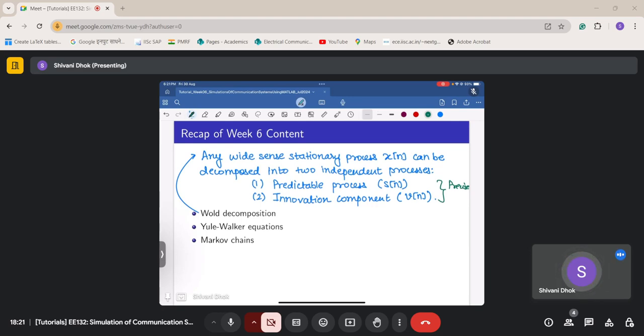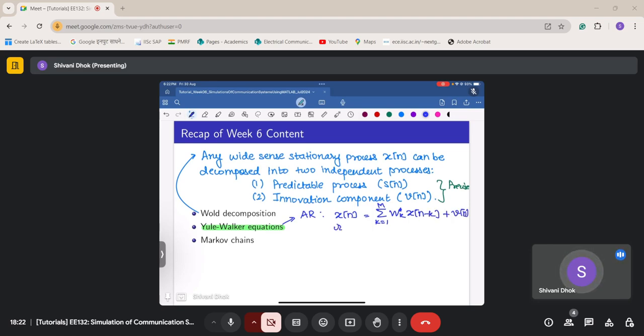After that, we looked at something interesting, that is the Yule-Walker equations. These equations basically are for your autoregressive model. Let's say my autoregressive model is something like this: Xn equal to summation k equal to 1 to m, some weights wk conjugate x of n minus k, plus vn.